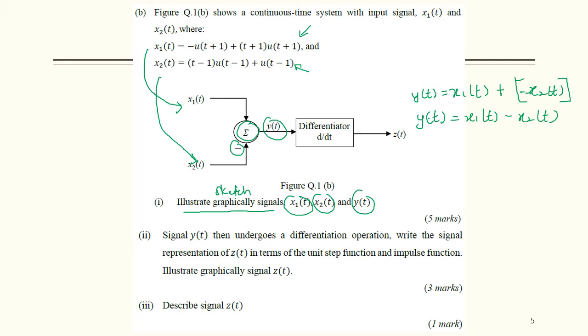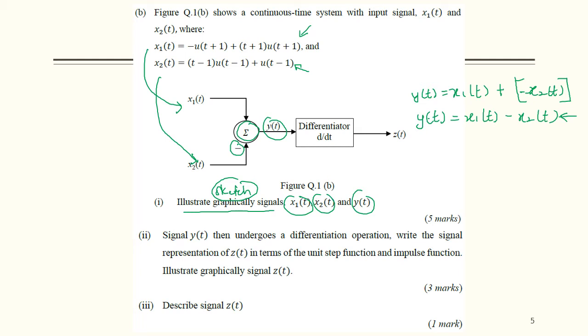But the question asks you to sketch. Please do not leave your answer in equation only. The equation will be counted as your steps and will be given marks, but the final answer should be in sketching.